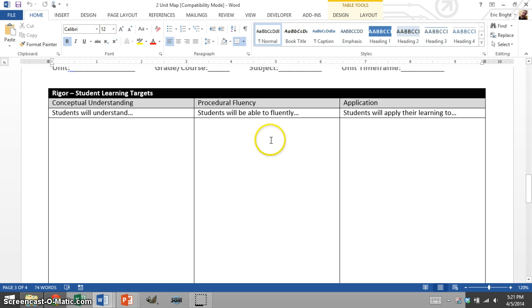Now, once we've got all these skills listed in the student learning targets, and I know what the students are going after in each case, what I'm expecting them to be able to do, okay, I've got the end in mind, then we can move forward into the assessment piece, and that's where we're going to be headed next.